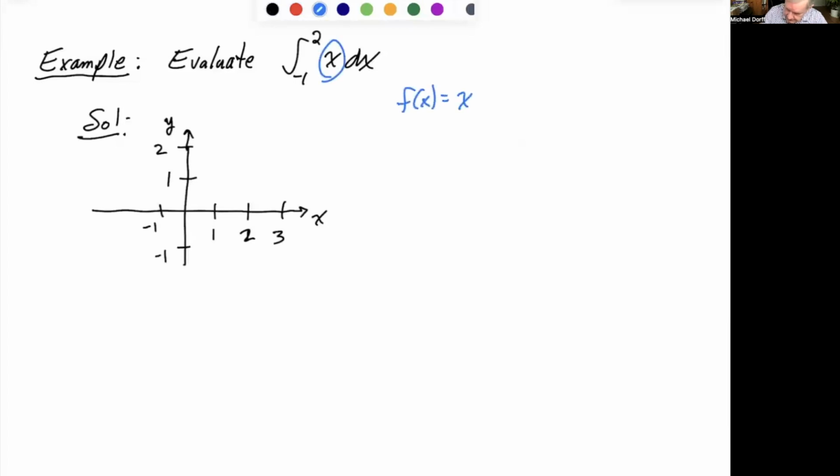That's what this is. What's the graph of that look like? Well, that's a straight diagonal line. It goes through 0, 0, 1, 0, and it kind of just goes up like this. Okay, and the integral here, -1 to 2 of x dx equals area under curve.